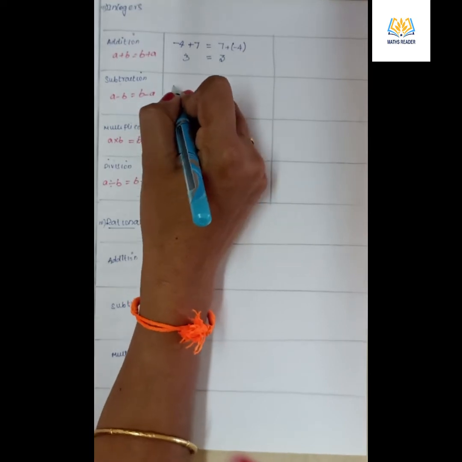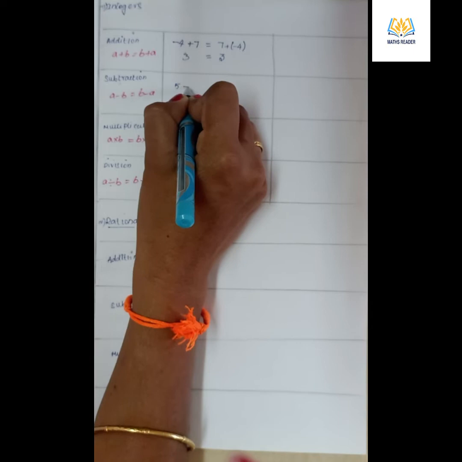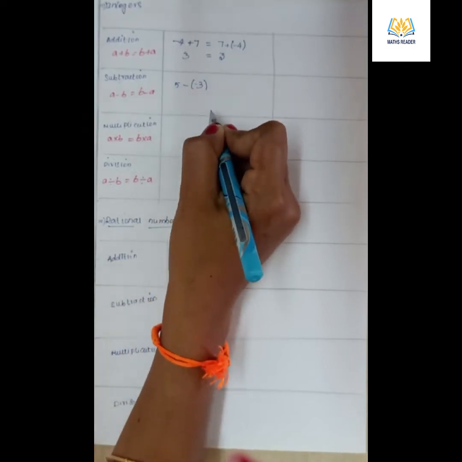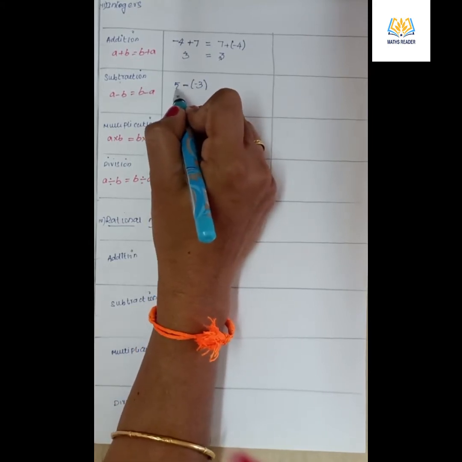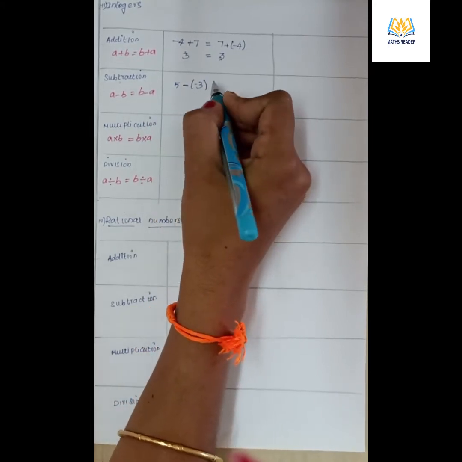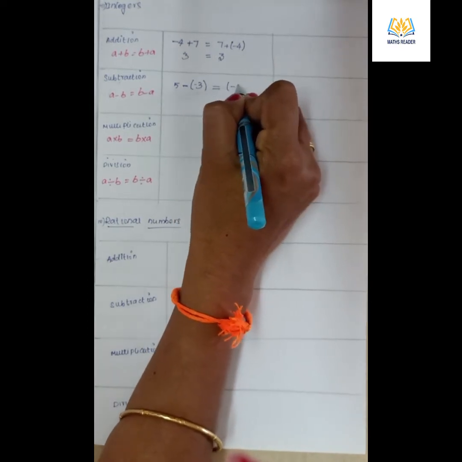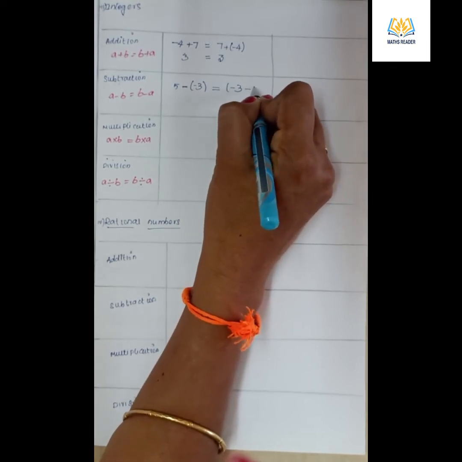Next we will check for subtraction. We take a negative integer. 5 minus minus 3. 5 is an integer, and minus 3 is also an integer, which is equal to, we are changing the order, minus 3 minus 5.